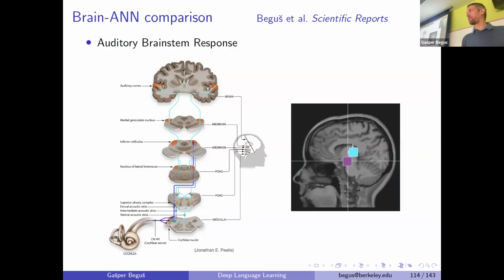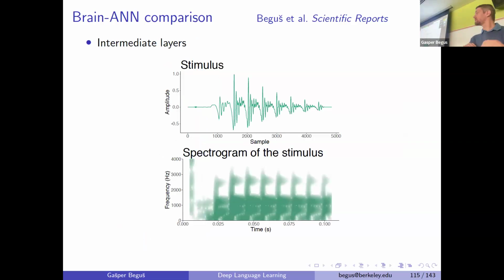I mentioned people started with clicks and pure tones, but you can send something like a synthetic ba syllable, and play it 3,000 times to 15 participants and measure their electric activity.